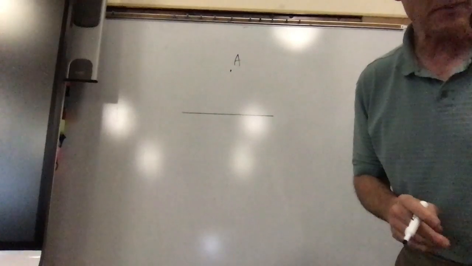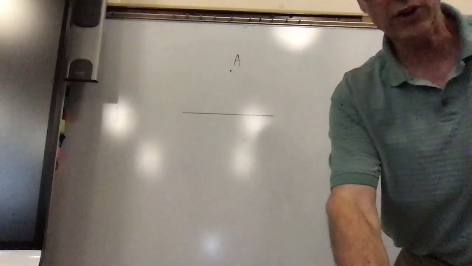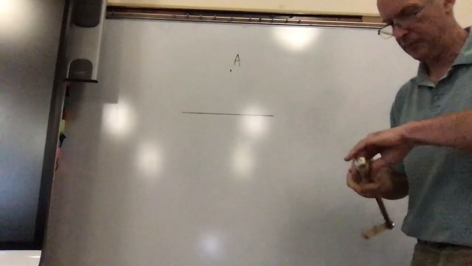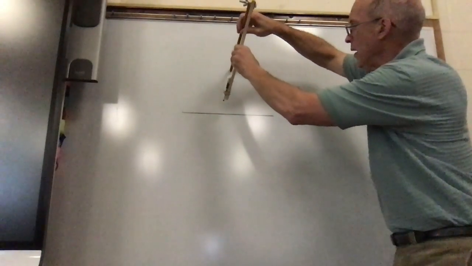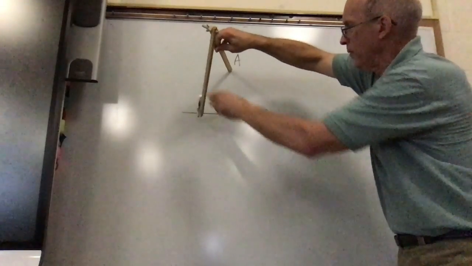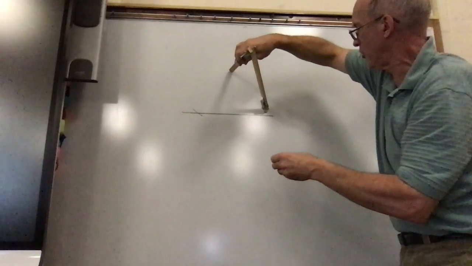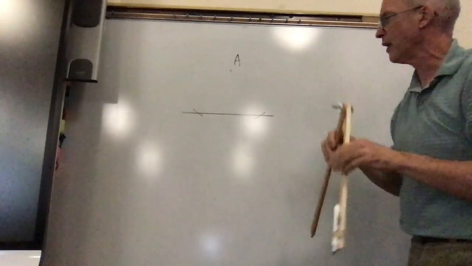It would be handy to construct a perpendicular line. So here's what you're going to do. Take your compass, put it on point A, make it long enough that it goes well over the line, and cross the line there and show where you cross the line there. So basically you're going to cross it at 2 points.